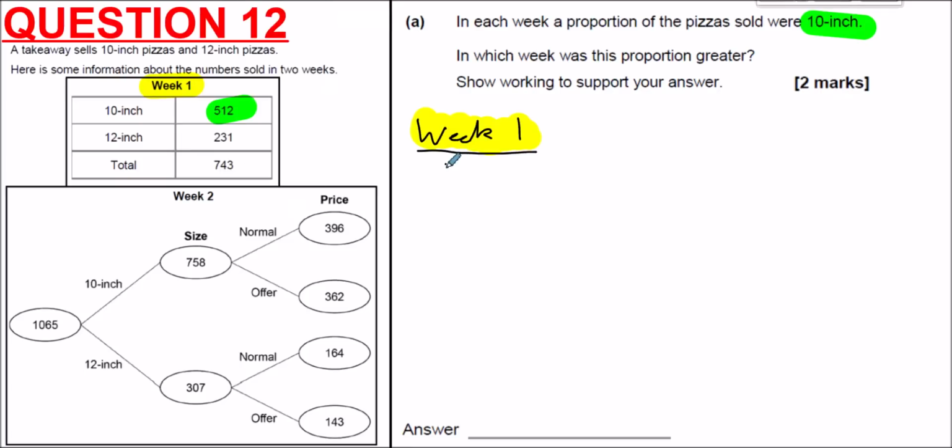So for week 1, we had 512 10-inch pizzas sold out of a total of 743 that were sold in that week. So 512 out of 743, we can write like this. So as a fraction, it'd be 512 out of 743.